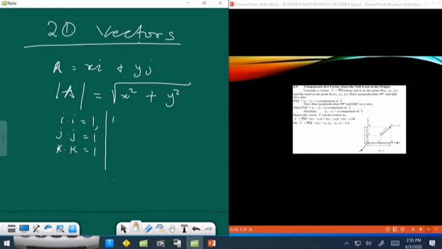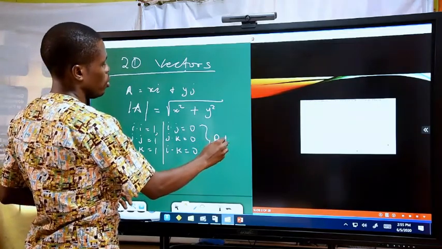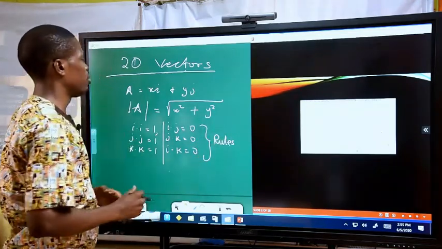However, i dot j is equal to 0, j dot k is equal to 0, i dot k is equal to 0. So these are the rules that we need to understand when we're dealing with vectors.